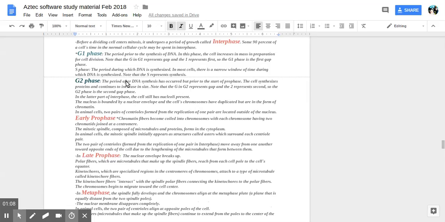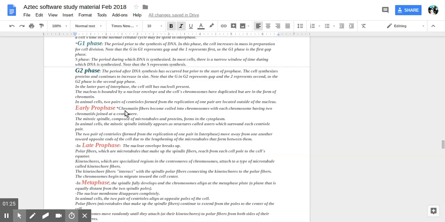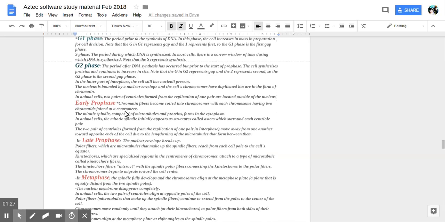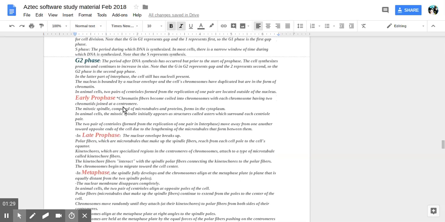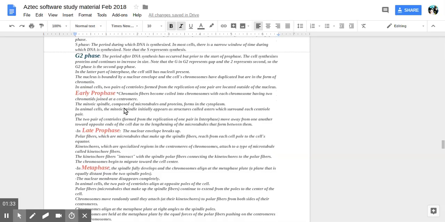You go through the phases of G1, which is increasing the mass of the cell that is going to be duplicated. The S phase synthesizes DNA, making more. G2, more proteins and more cell mass is created.